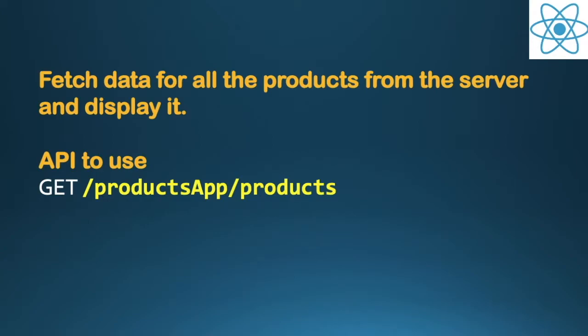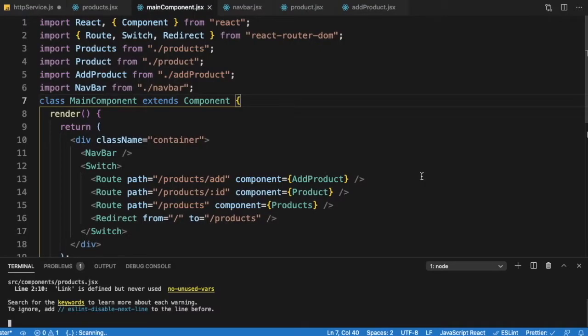So let's do the example. Fetch data for all the products from the server and display it. And the API to use is get /productsapp/products. And obviously our base URL here is localhost:2410. So here in our React app, we just have a skeleton navbar and a main component.